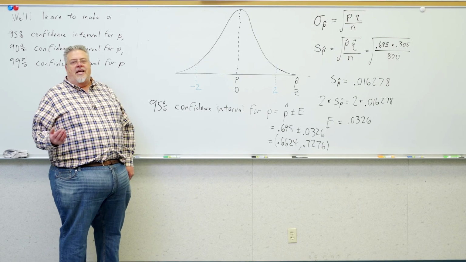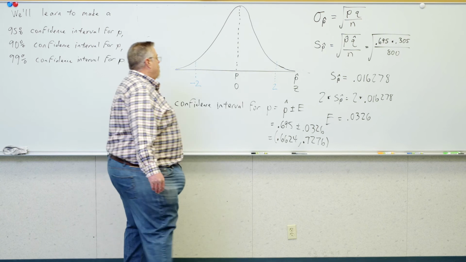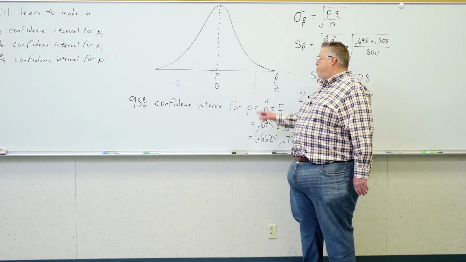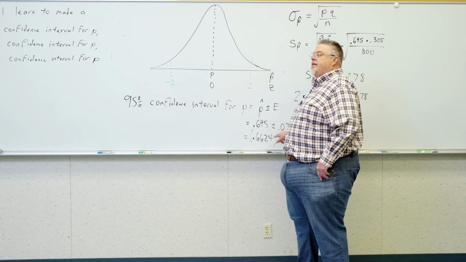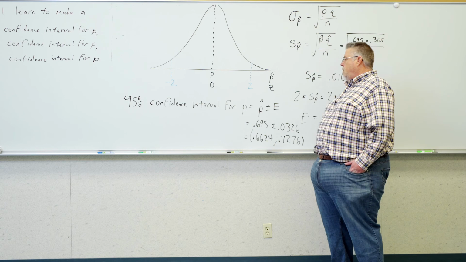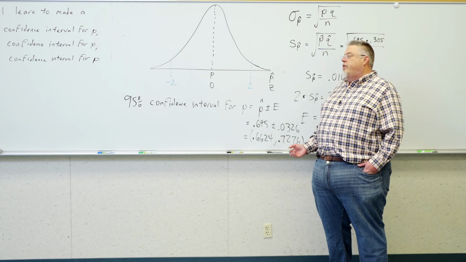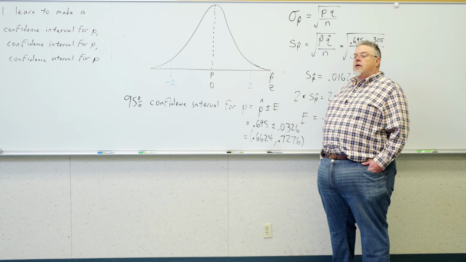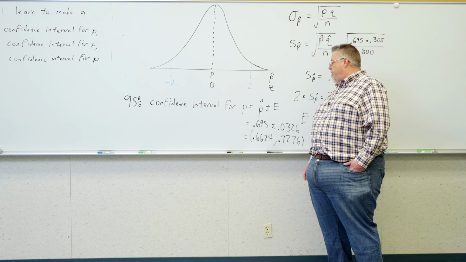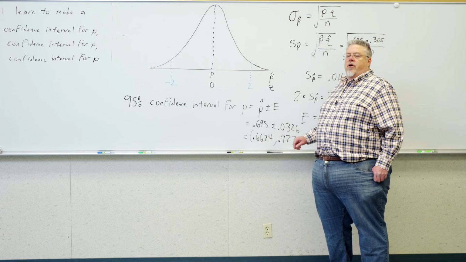But what we are saying is, I'm pretty sure, and by pretty sure, we're saying I'm 95% confident that P is somewhere inside this interval. Okay, so I don't know the true value of P, but I'm pretty sure, and again, I'm quantifying what I mean by pretty sure. I'm 95% confident that P falls somewhere inside this interval.